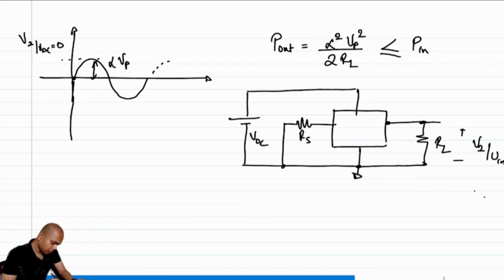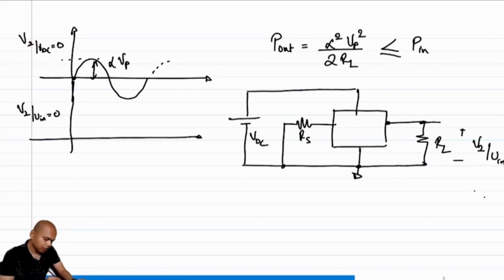So V2 when Vin is equal to 0 will be some constant DC, right?